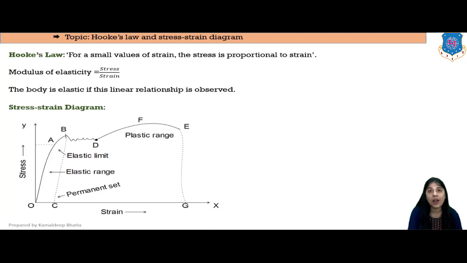So here Hooke's law is obeyed up to point A. Therefore, on removing the stress, the original condition of the bar or wire with zero strain is acquired, which can be represented by point O.